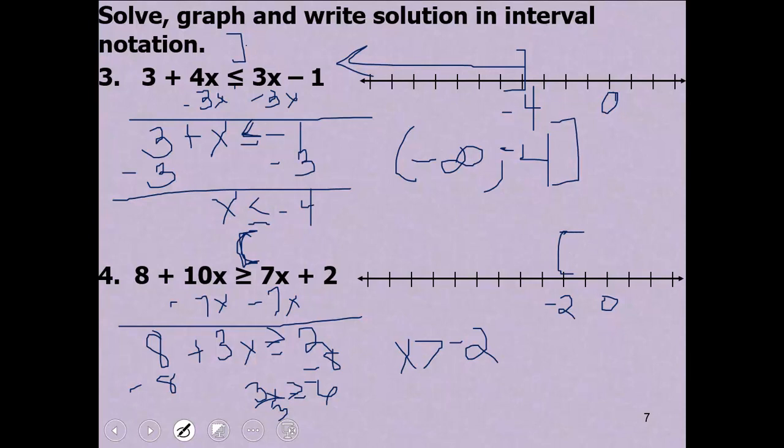And everything has to go off to the right without end forever and ever. So we're going to get in interval notation, bracket negative 2, comma positive infinity parenthesis.